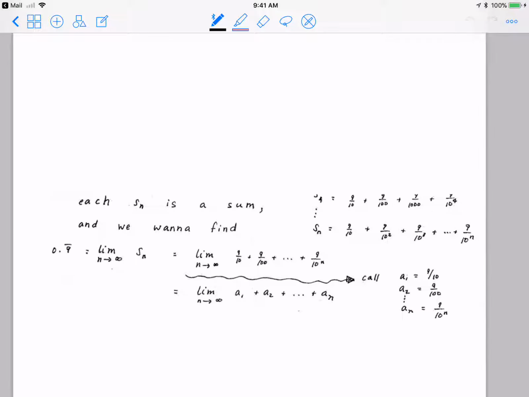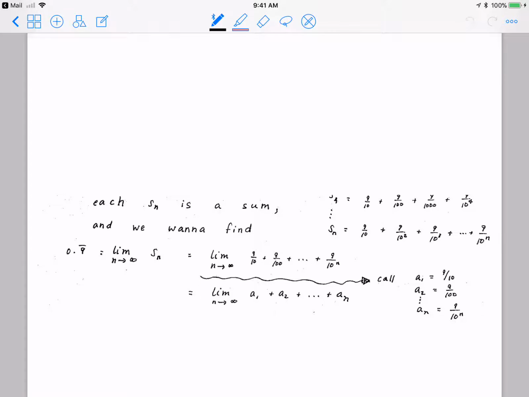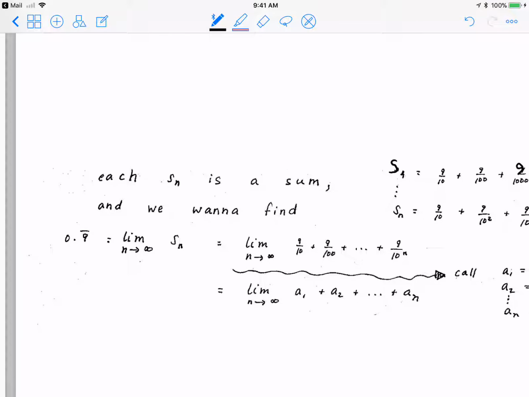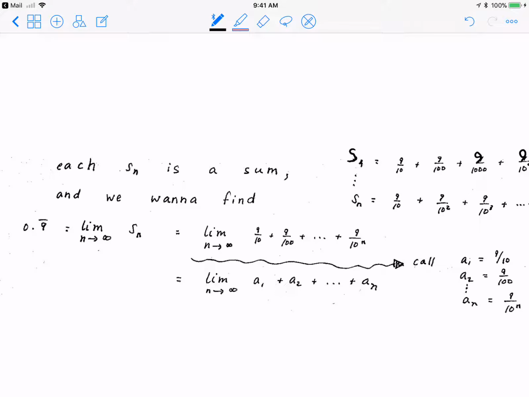Okay, so we said each Sn is a sum. For instance, for S4, we've got this over here. Each Sn is a sum, and we want to find the limit as n goes to infinity.